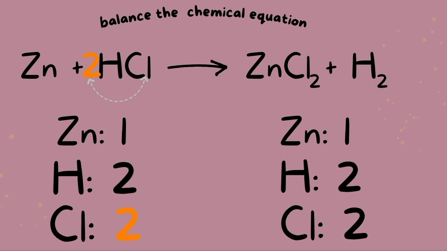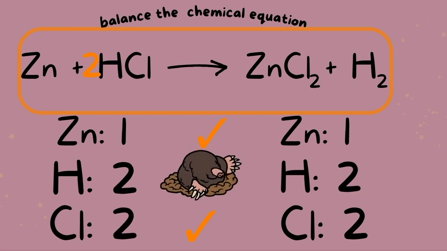This will give us 2 chlorine, and now chlorine is balanced out. So now we have the same number of atoms of each element on both sides of the equation. And it's abiding by the law of conservation of mass, meaning we have the same amount of atoms of each type of atom on both sides, also meaning we have the same amount of mass or the same number of moles of each atom on both sides.